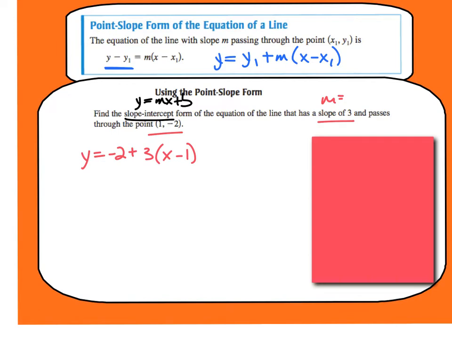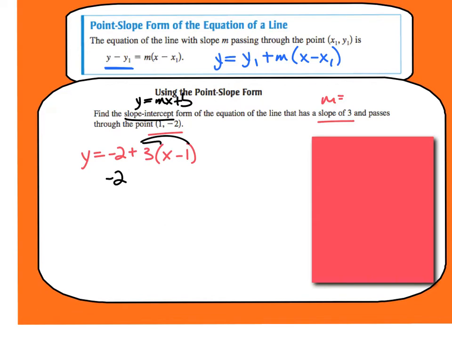Now, that would be perfect if it just said, give me an equation of a line. Most of the time in calculus, we leave it like that. We don't have to go further. Very rarely do we have to go to slope-intercept form. But it tells us to, so we're going to do it. What do we get to do to this 3? We distribute.